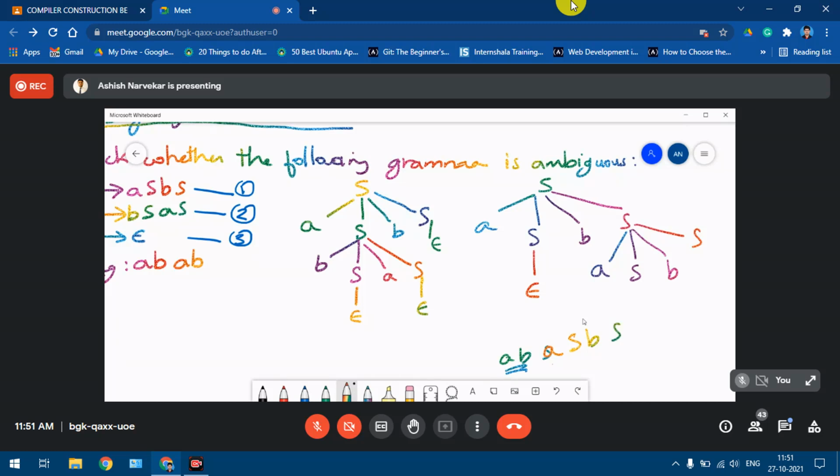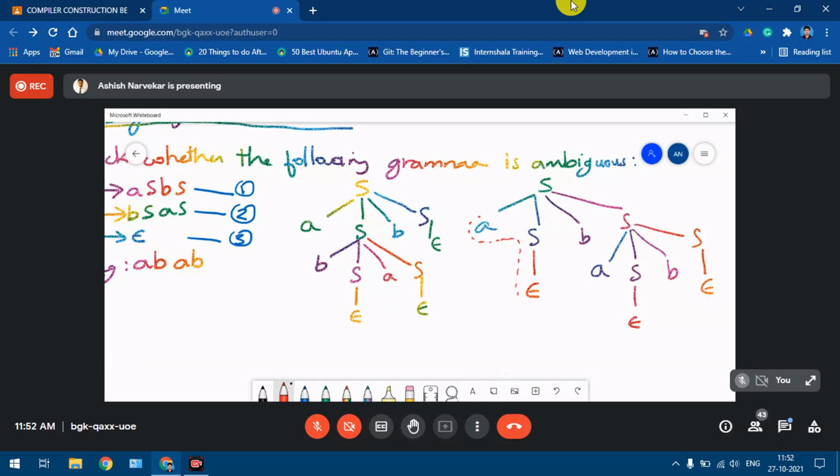This is a part of the string, this is also a part of the string, and this is also part of the string. Now the only things that need to be replaced are this and this, correct? For that we can use the third production and replace this by epsilon, and this by epsilon.